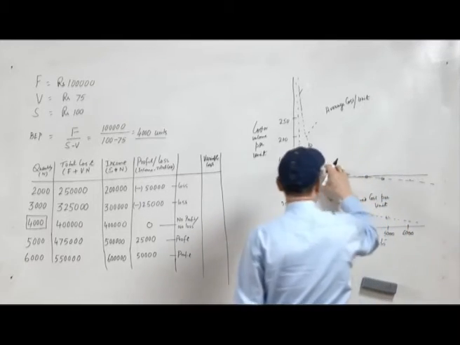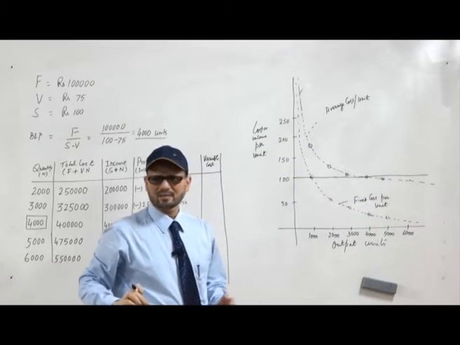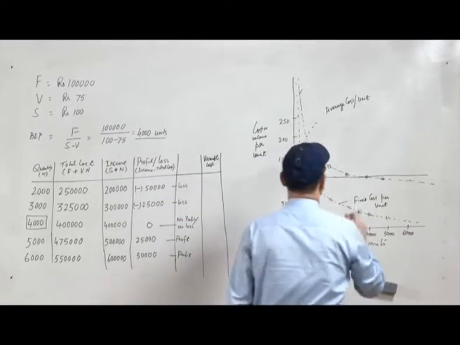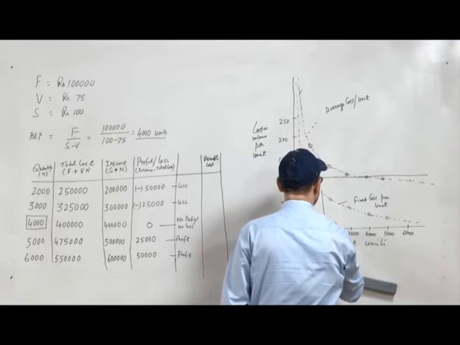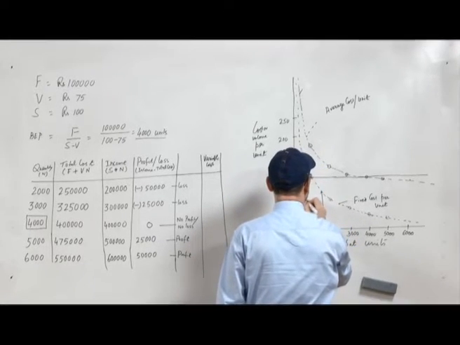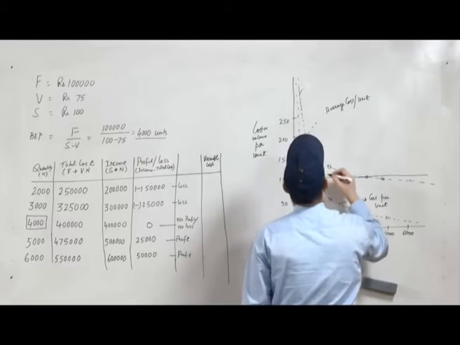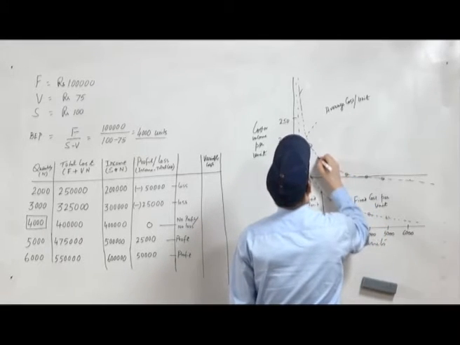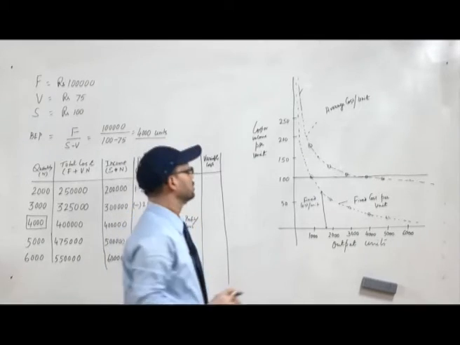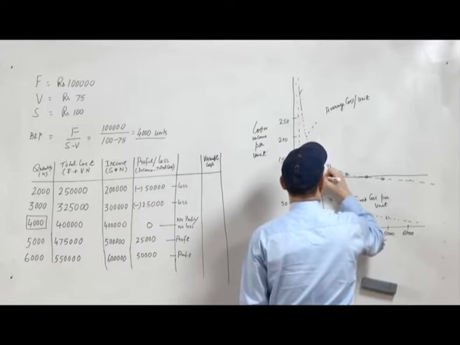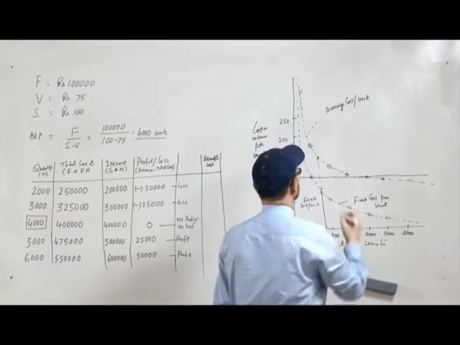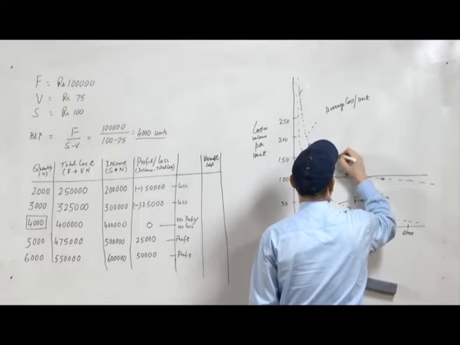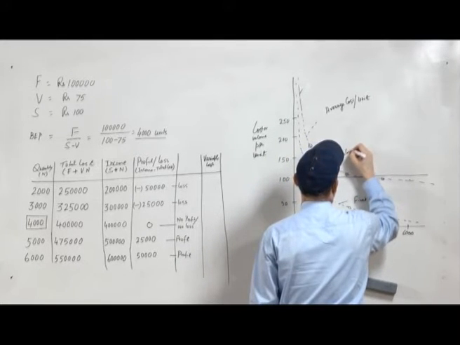It means the difference in between is nothing but the variable cost per unit line. So at any point, if this is the fixed cost per unit line, and since this is the value of the average cost, this amount in between can be taken as variable cost per unit.